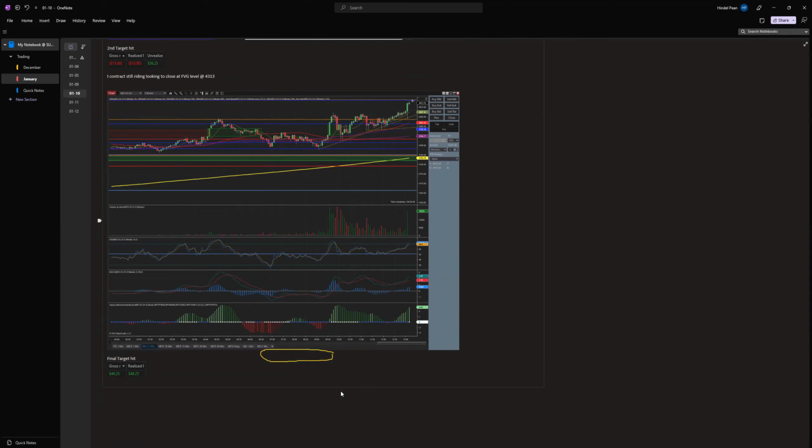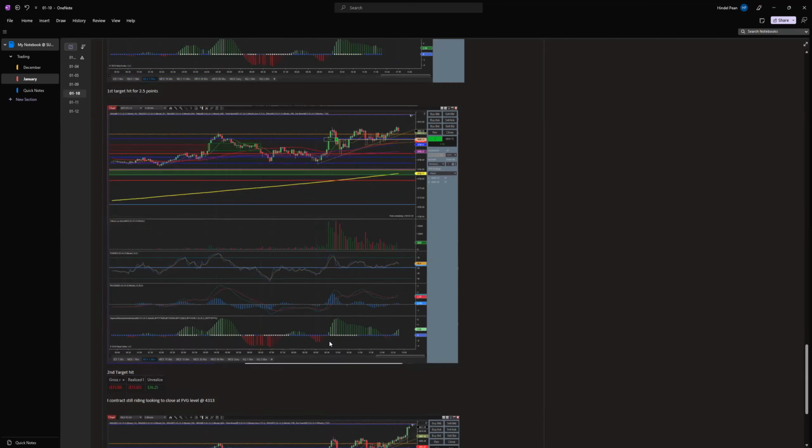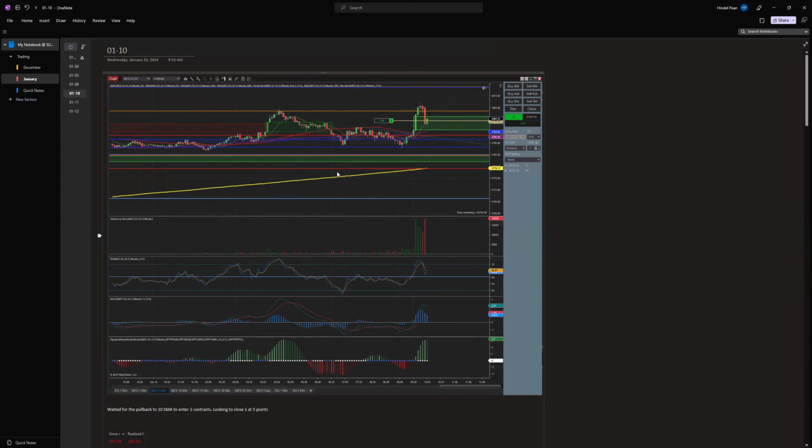Yeah, I was going to say maybe the RSI would help you get in over here, but that would be too hard. That would definitely be too hard, because my thought process, let me go back up top. After it broke this fair value gap, I didn't see anything else. I didn't want to just jump right in.